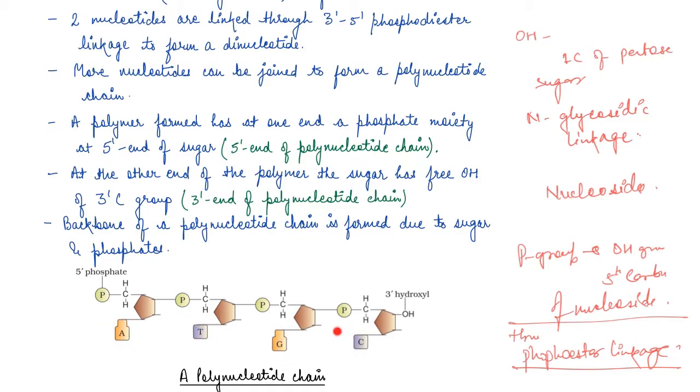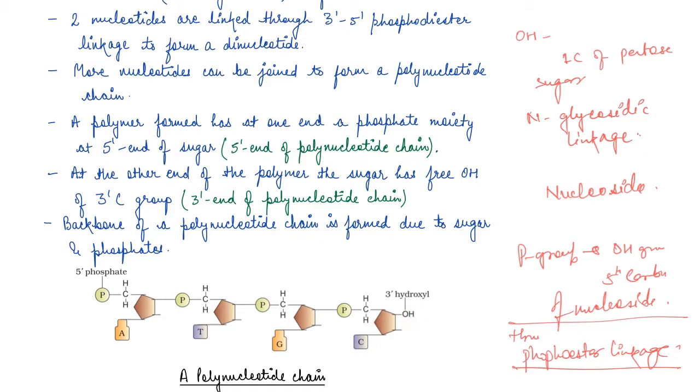This keeps changing. So this is a polynucleotide chain. One end has phosphate group at fifth carbon. The other end has free OH at third carbon. So the first end is 5', second end is 3'.